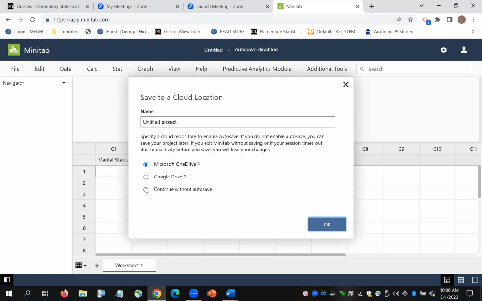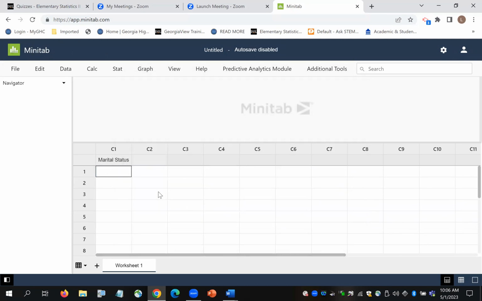Marital status, and I'm going to enter the category. So I have never married, married, widowed, and divorced.